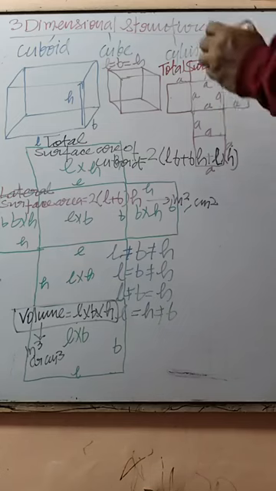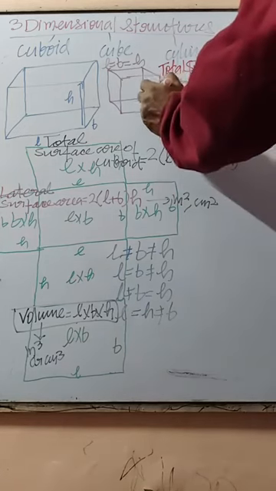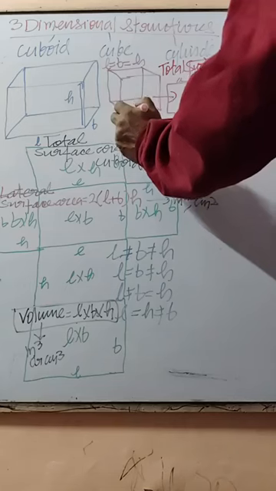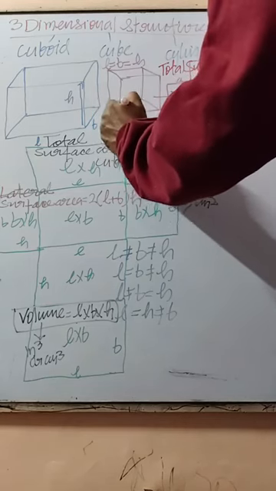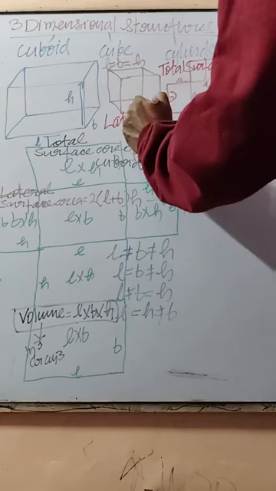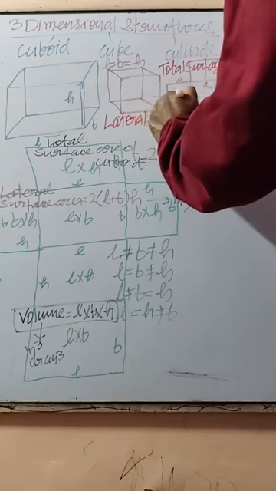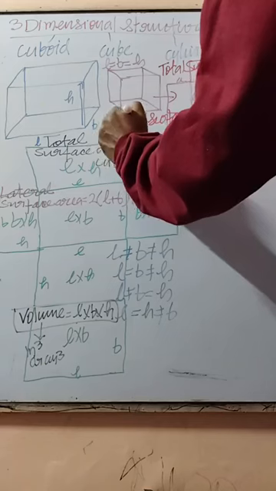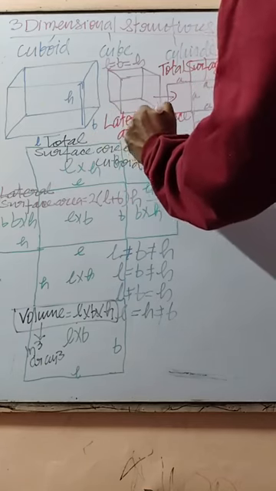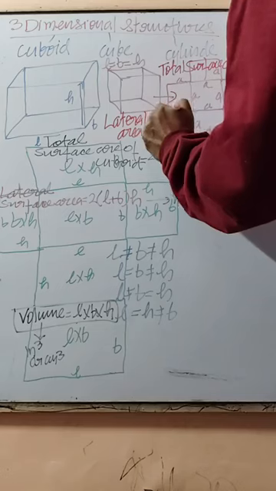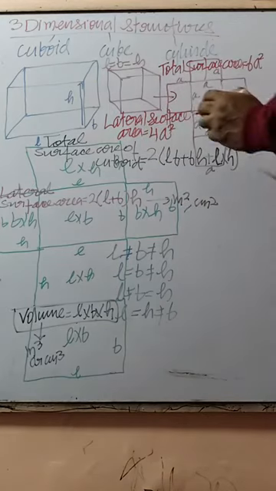Yes, sir. All sides are equal. And lateral surface area is equal to 4a square. Lateral surface area is 4a square.